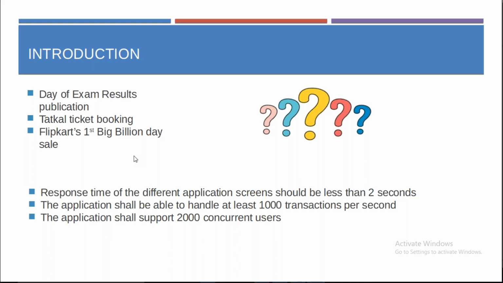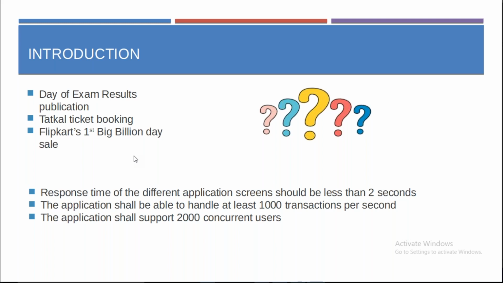Now remember this: the industry standard for ideal response time for different web applications is 5 seconds. What does it imply? If the application screens load within 5 seconds, then I can say my application has good performance, and the user experience will be better. My users who are using the application will have a good experience.